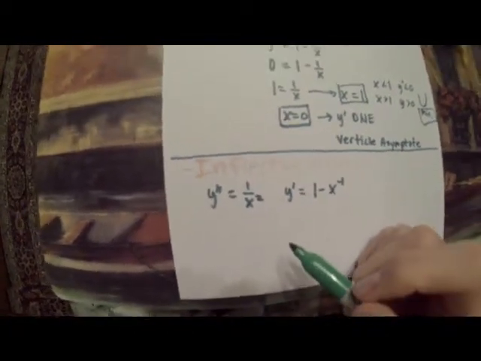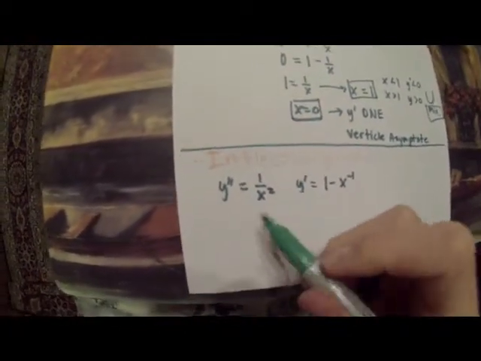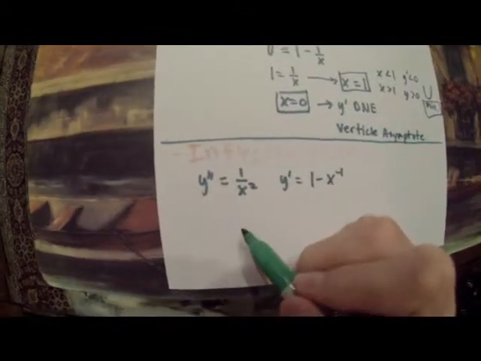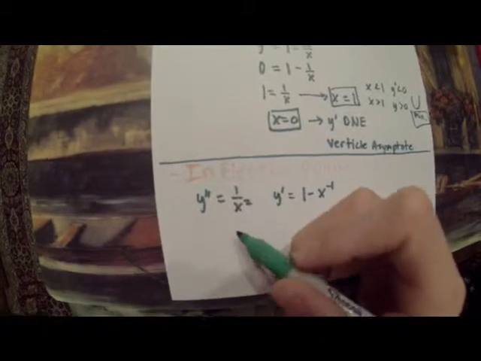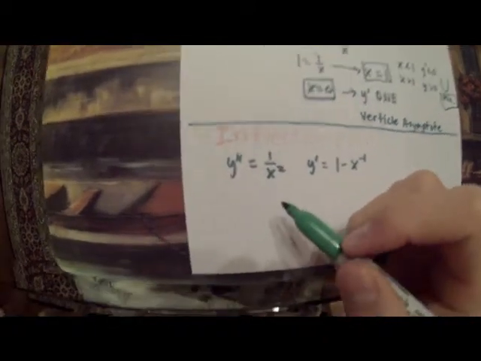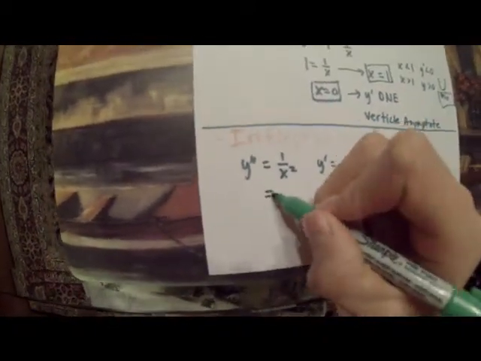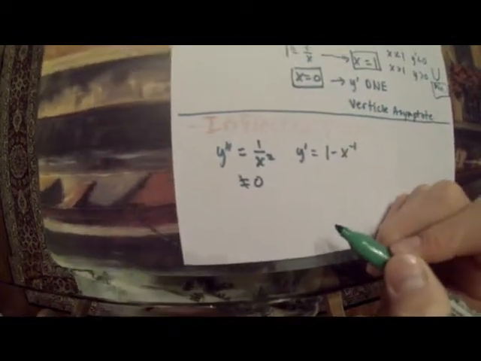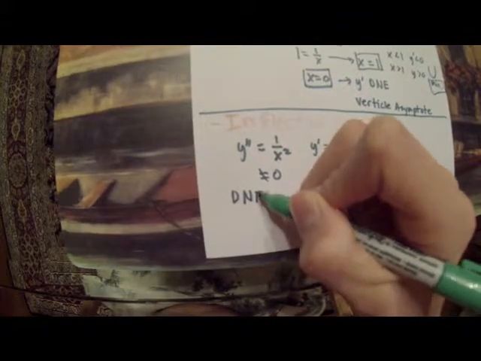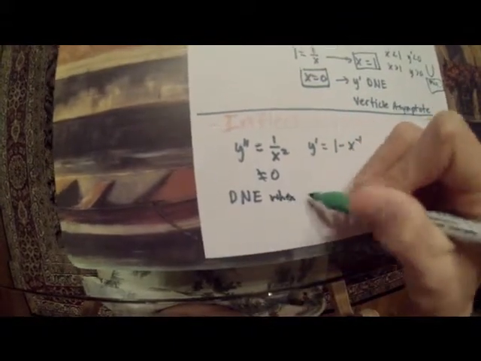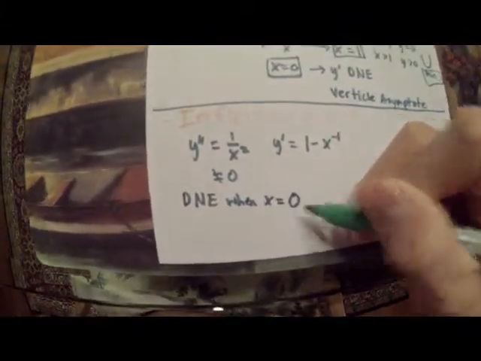And so inflection points are when y double prime is equal to 0 or it does not exist. And we can see here that y double prime cannot equal 0, and does not exist when x equals 0.